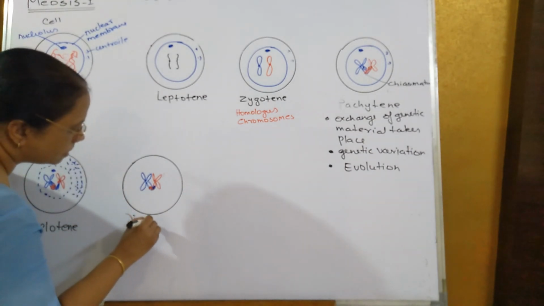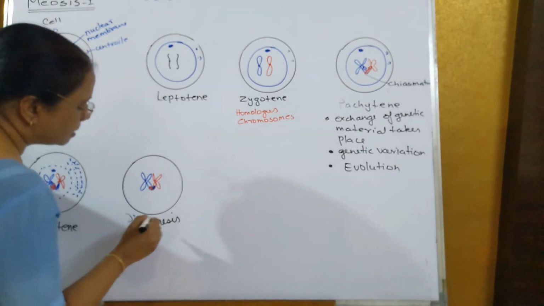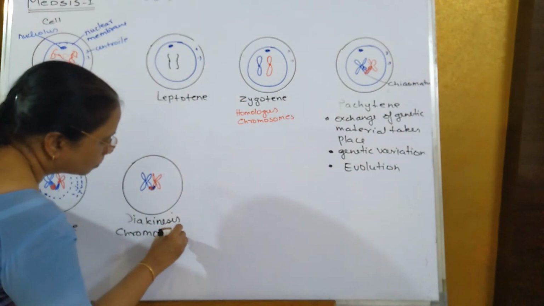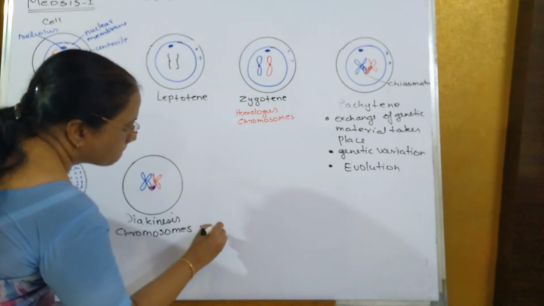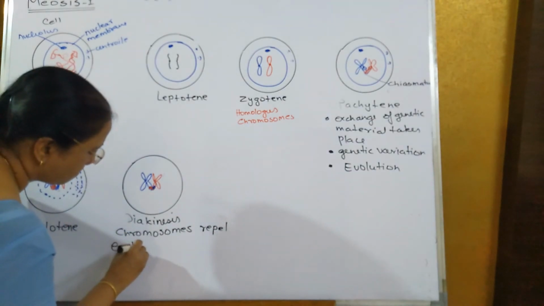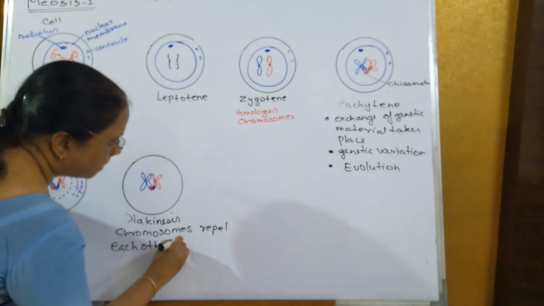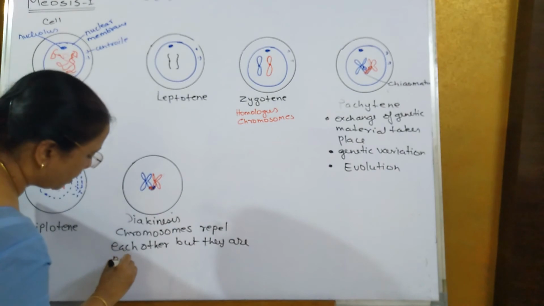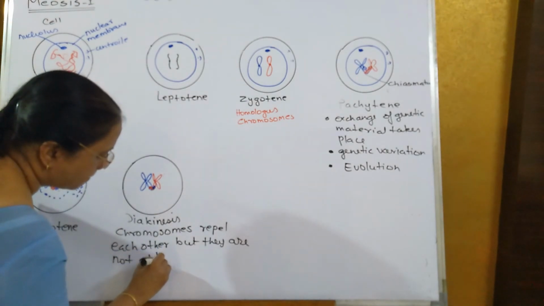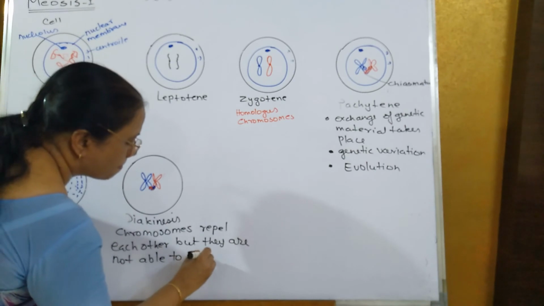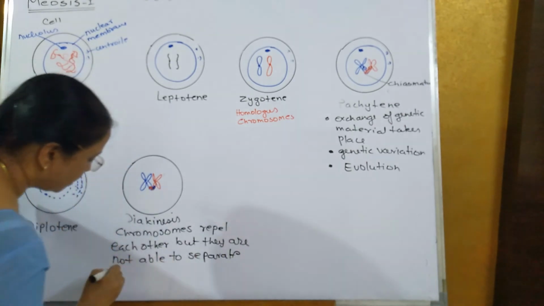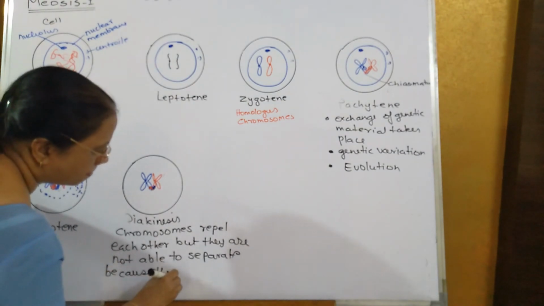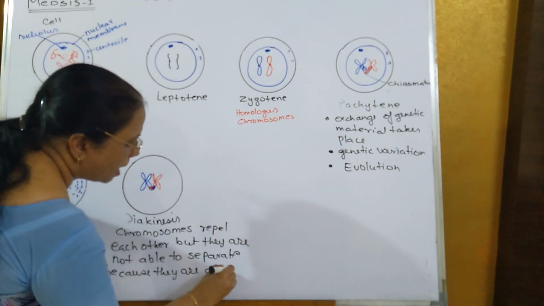This is diakinesis. So in diakinesis, the chromosomes repel each other, but they are not able to separate because they are attached at the tip.